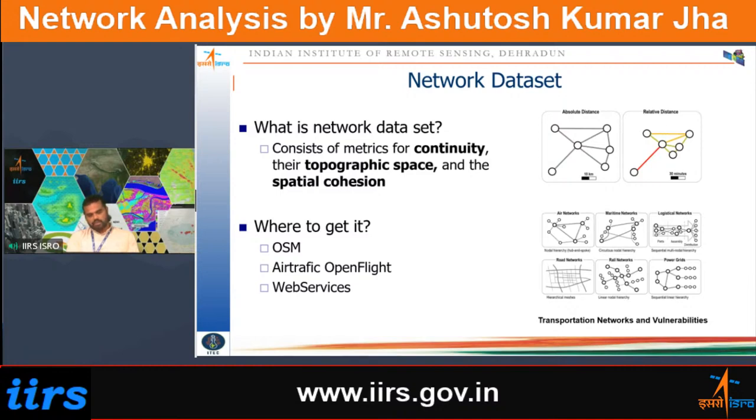But if you want to do vulnerability analysis, in those cases we need certain other parameters. Or if you want to look at it from the planning perspective, then these additional metrics like continuity, topography, and spatial space, how the topography is there, have to be taken into consideration while solving the networks, along with spatial cohesion and connectivity.